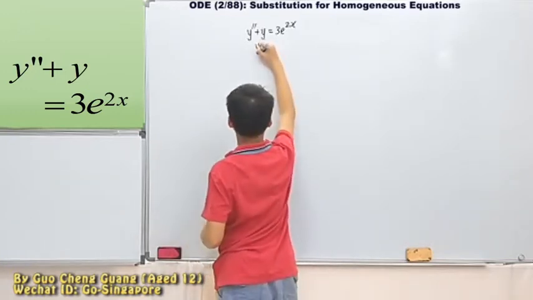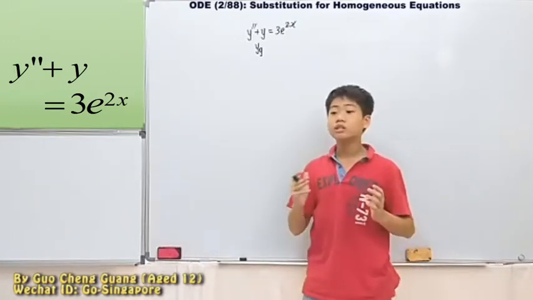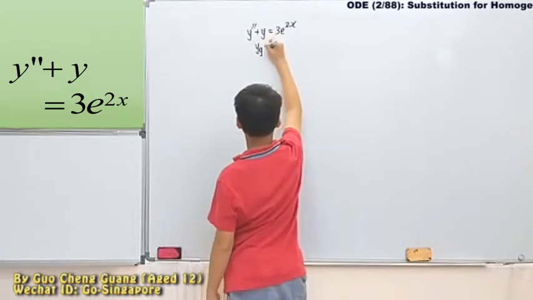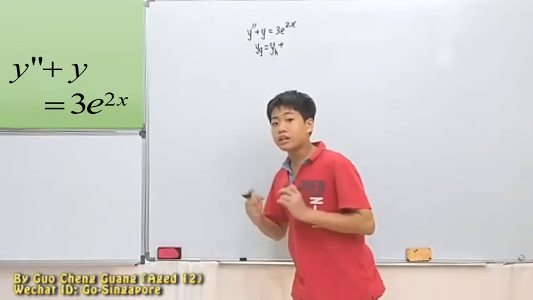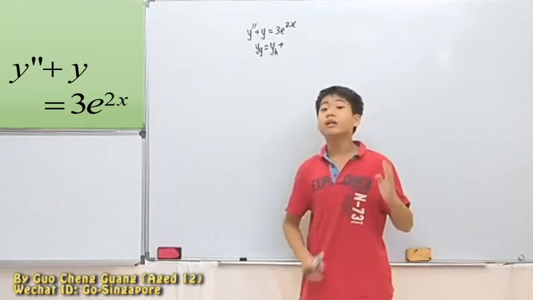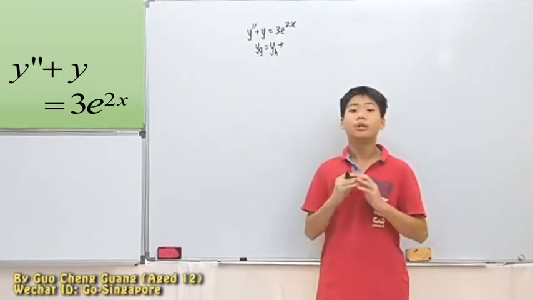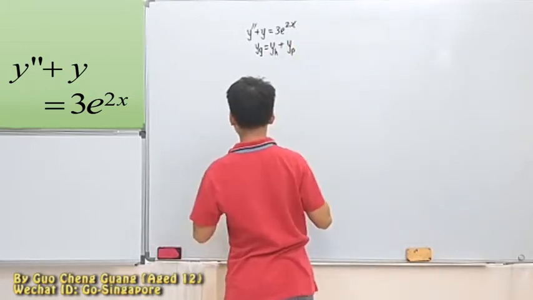The general solution is yg. So we split it into the general solution for the homogeneous differential equation, let me write that down, that is YH, and the other part, the particular solution for the non-homogeneous differential equation, that is YP.